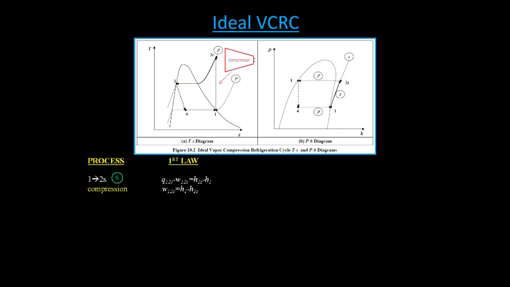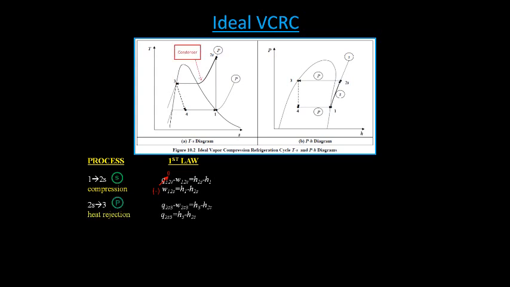Applying the first law to our compressor, we have our heat transfer from 1 to 2s minus our work from 1 to 2s is equal to our change in enthalpy from state 1 to state 2s. We know that our compressor is adiabatic, therefore the result is that negative work is applied to our compressor and is equal to the change in enthalpy from state 1 to state 2s.